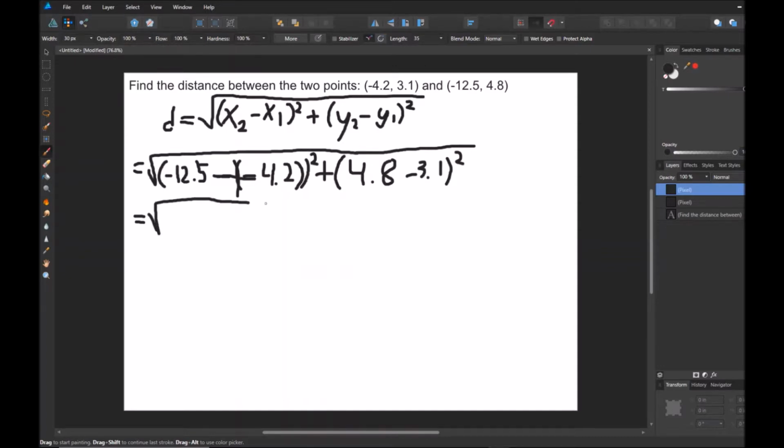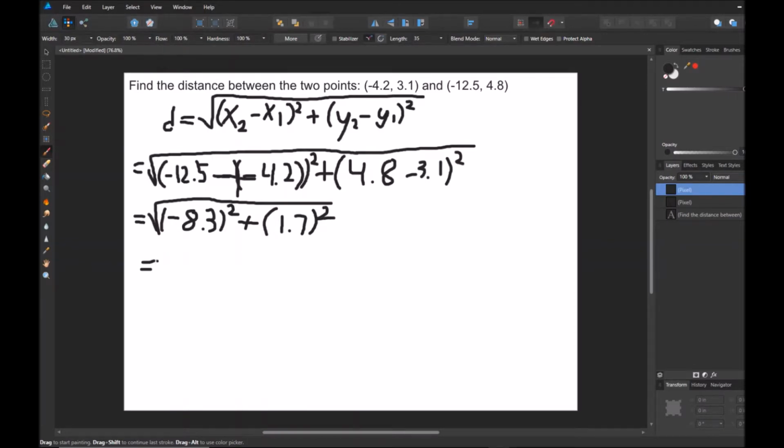So this is the square root of negative 8.3 squared plus 4.8 minus 3.1 is 1.7. So plus 1.7 squared.